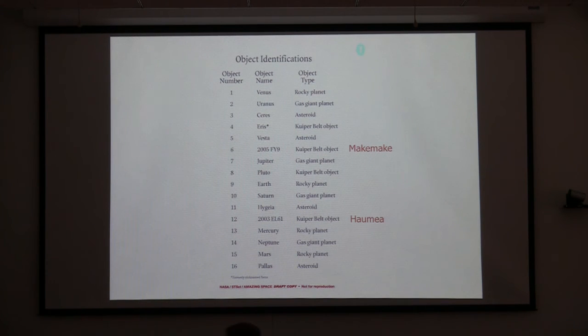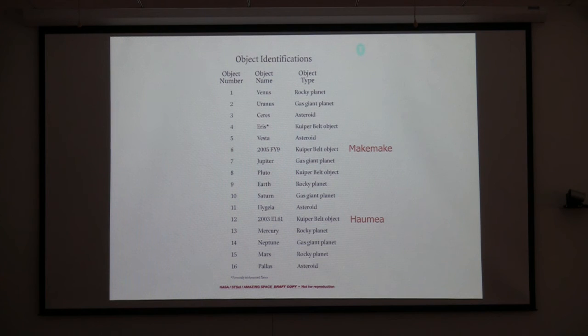How did I choose these objects? They are the 4 largest objects in each of the groups: the rocky planets, the giant planets, the asteroids, and the Kuiper Belt objects. All right, how many of you have heard of Kuiper Belt objects before today? How many of you have not heard of Kuiper Belt objects before today? Good, you're going to learn a lot more about them in the next hour when I give my discussion.